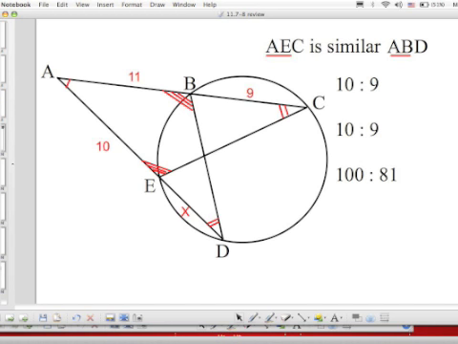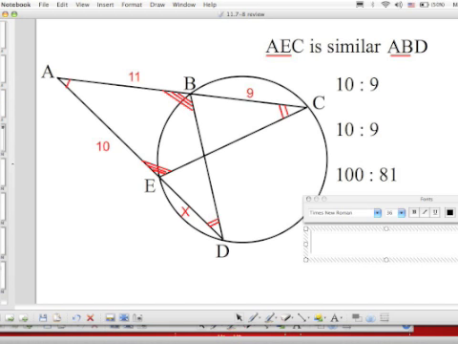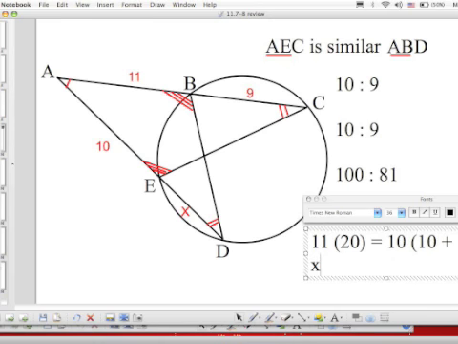Then finally, we would need to find the value of x, which is the measure of ED. And again, from our circle chapter, if two secants are crossing or making an angle outside of a circle, you can find measures of the lengths created by multiplying the external portion of one times the entire thing. So 11 times 11 plus 9. And that will be equal to the external portion of the other multiplied by the entire thing, which would be 10 times 10 plus x.